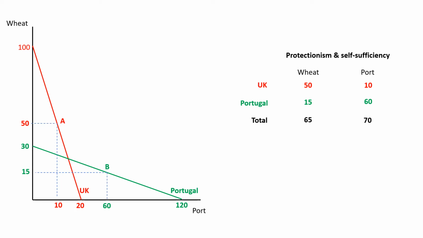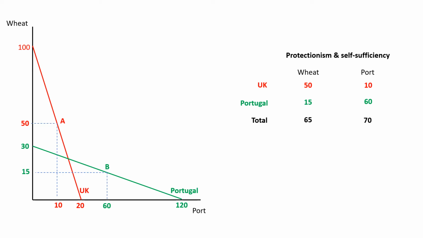Now, what Ricardo was basically saying here is that this is dumb. What both countries need to do is liberalise their trade and then start specialising. So you can see here that Britain is far more productive at producing wheat than they are at producing port.